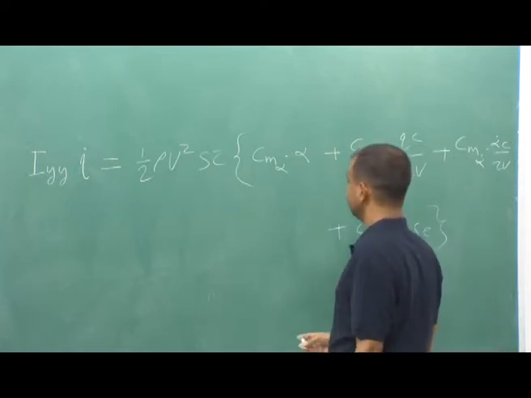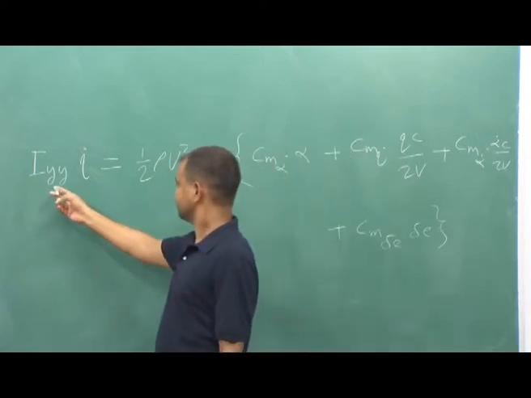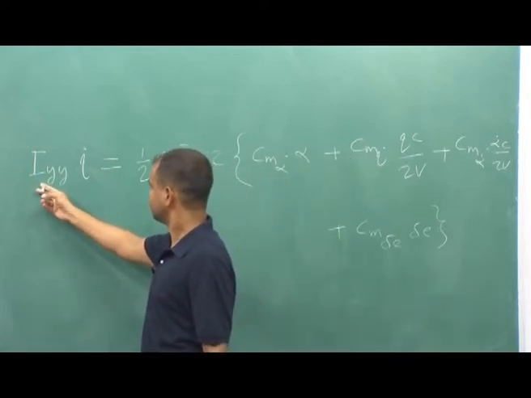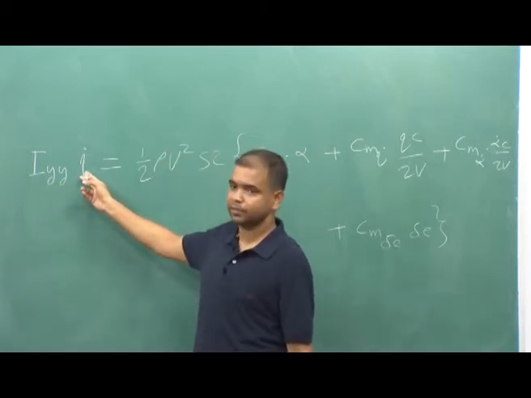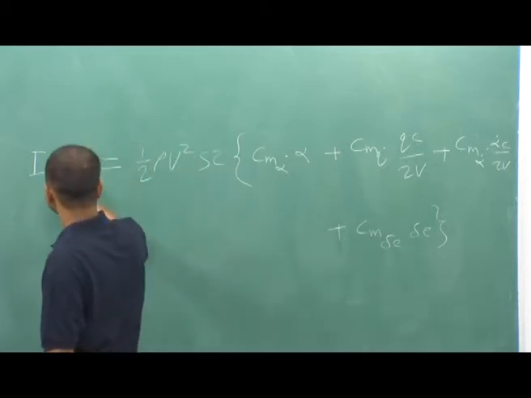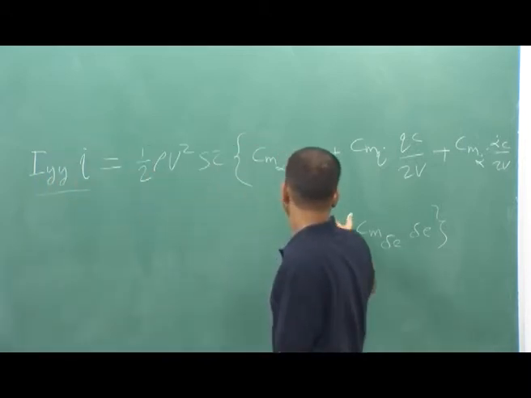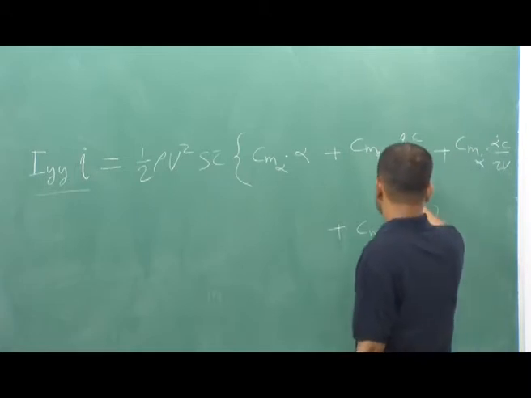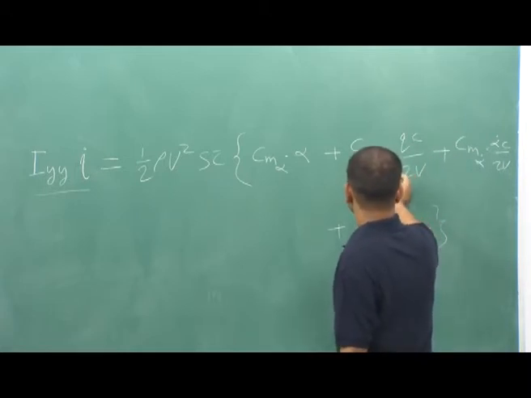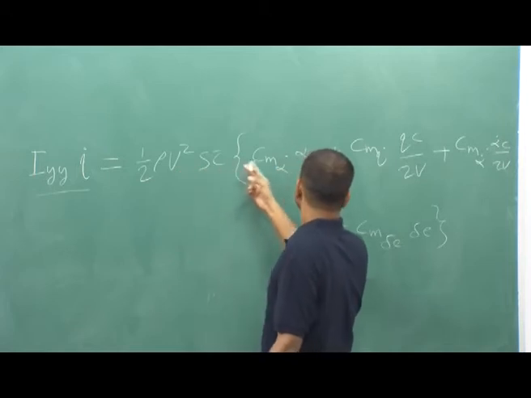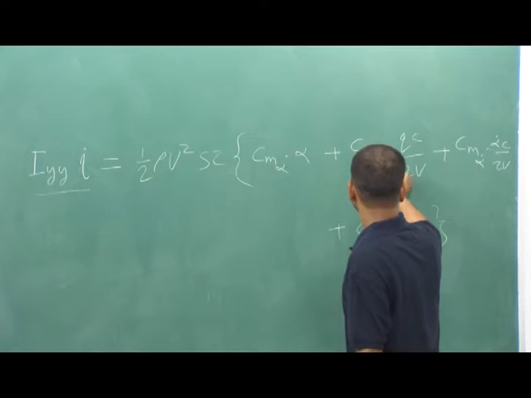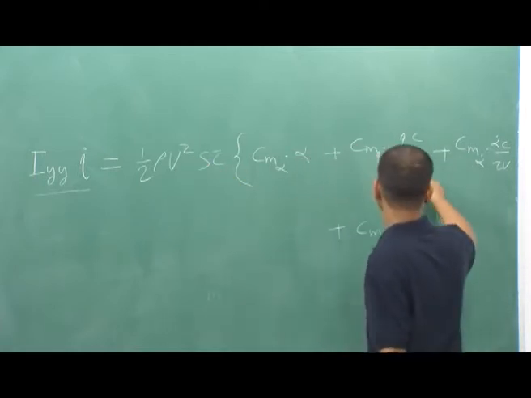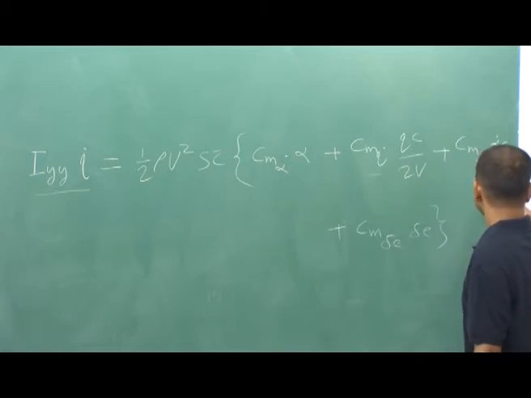And here you can see this is basically mass into acceleration, this is inertia, and this is the rate of change. So, this is the force, and if you see the right hand side, if I multiply this half rho v square s c bar with these terms, the Cm q will have a velocity term in the multiplication, because this square will be cancelled with this velocity, and similarly with Cm alpha dot also.